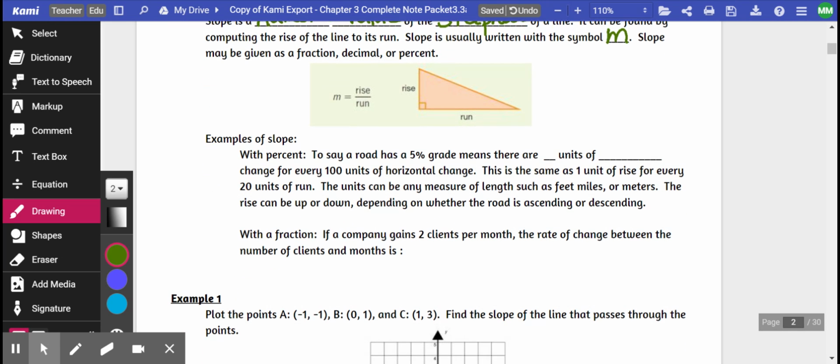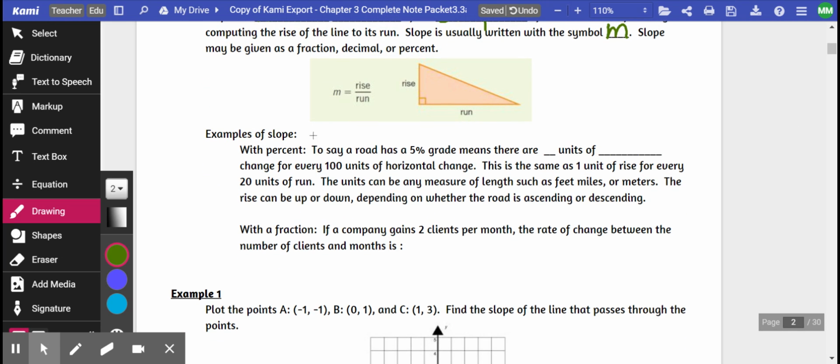So an example of slope is to say when we use percent, we can say a road has a 5% grade, means that there are 5 units of vertical change for every 100 units of horizontal change. So you would see 5 for every 100. That would mean a 5% grade.